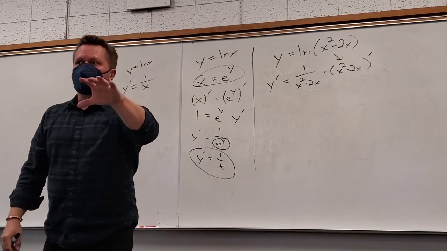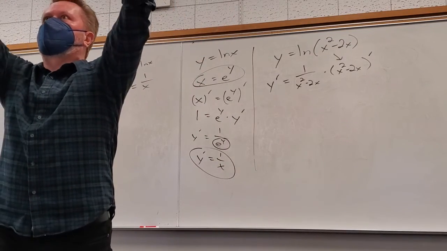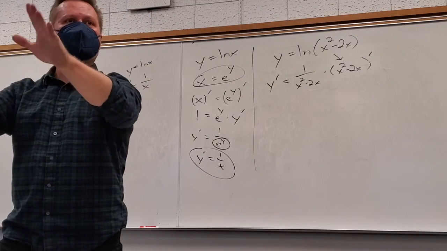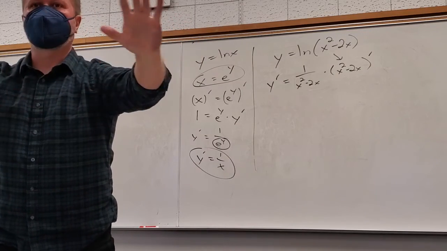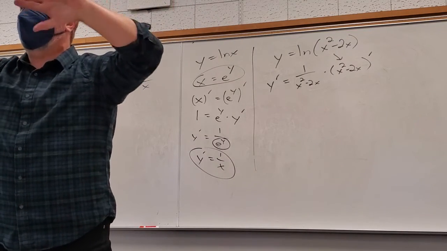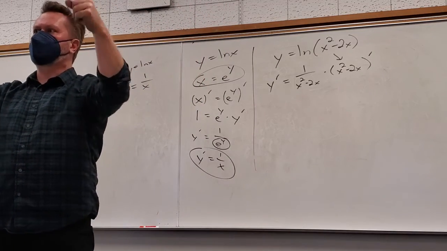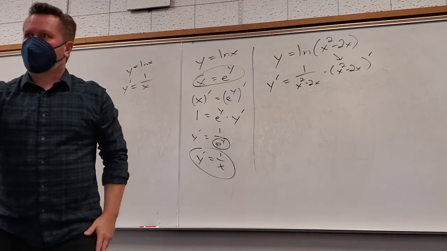So again, chain rule does not care what the rule I'm looking at to begin with is. It just says, if there's stuff inside of something else, you've got to give it a turn. Chain rule is not a part of any one rule, it's just always in the background. So we learned a new function, ln x, we know its derivative. If there's stuff inside of it, chain rule has to come into play.